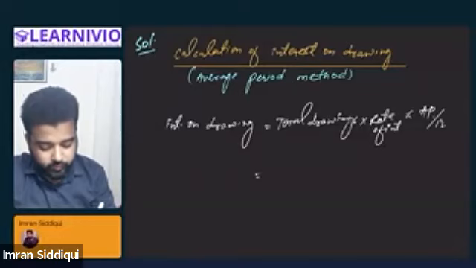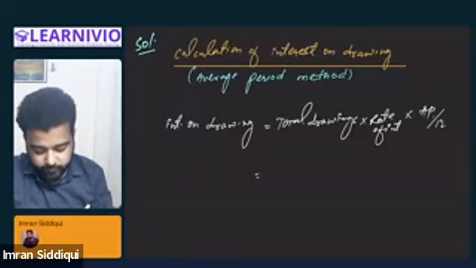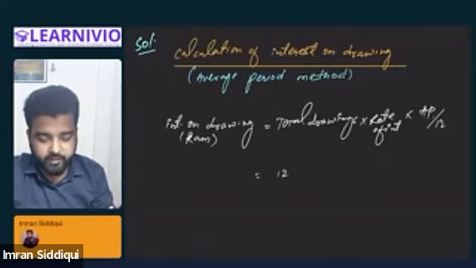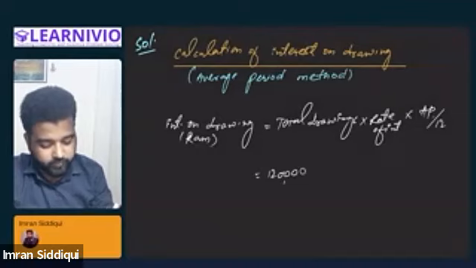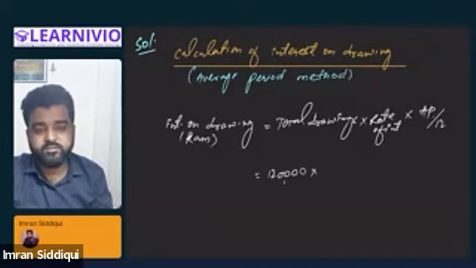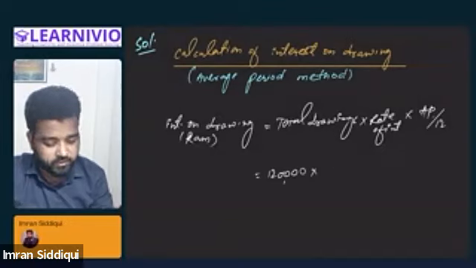So the total drawing, I'm just talking about interest on drawing for Ram. The total drawing made by Ram is 1,20,000, which is already given in the question. We'll multiply this with the rate of interest applicable to the drawing, which is given as 6% per annum.